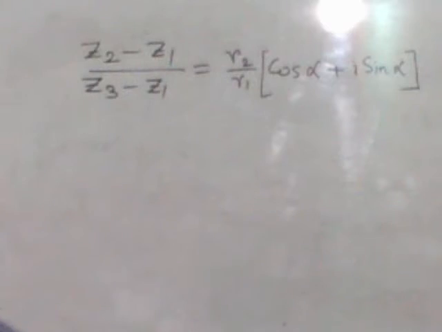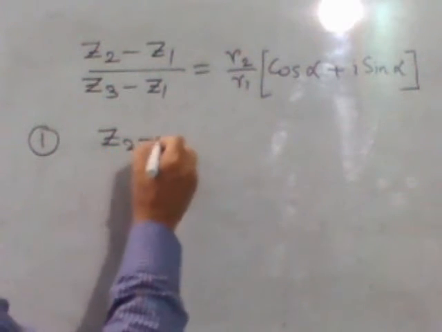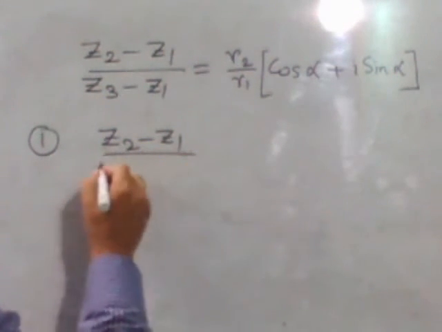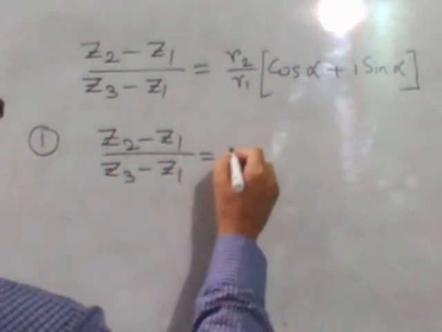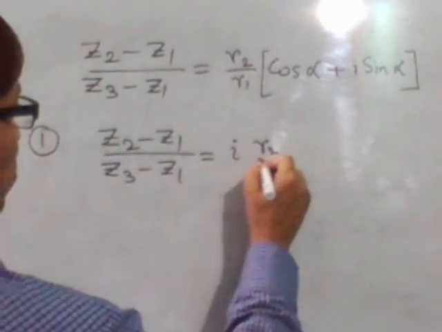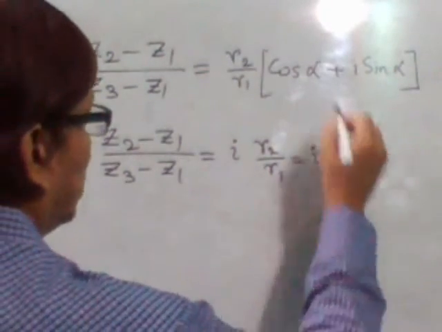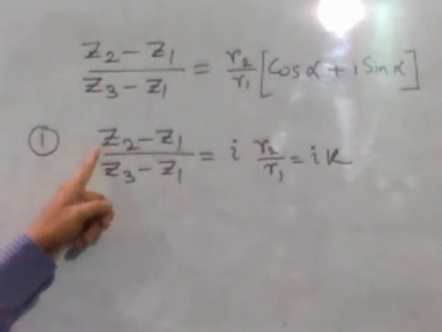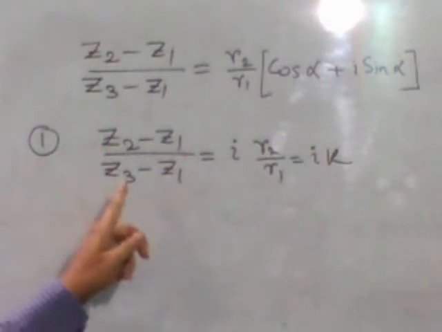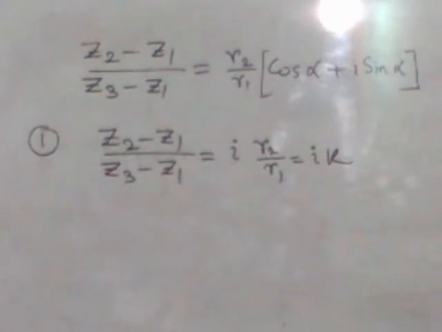there are basically 2 points to note. Number 1, if Z2 minus Z1 by Z3 minus Z1 is equal to i R2 by R1, that is i into some constant, that means the vectors representing Z1 Z2 and Z3 Z1 are intersecting perpendicularly.